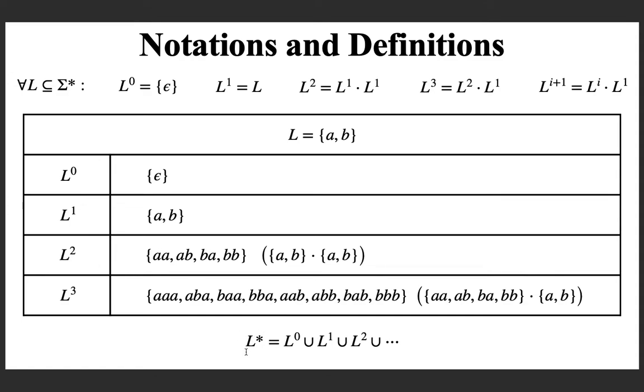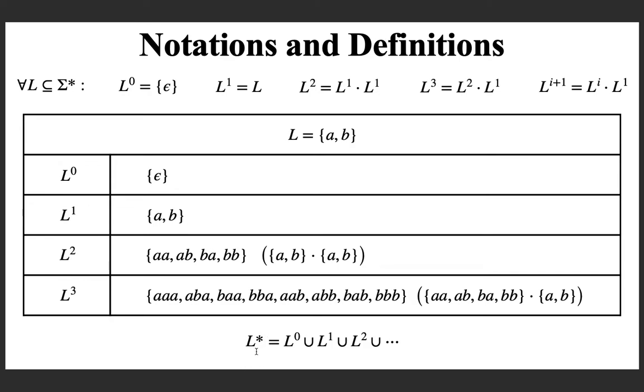Now let us proceed and see what is the star closure of a language. This is the notation L star, which is called the star closure of a language, which is the infinite union defined as this. It is L to the power 0 union L to the power 1 union L to the power 2 union, etc. If you take this infinite union, this is represented as the star closure of the language.